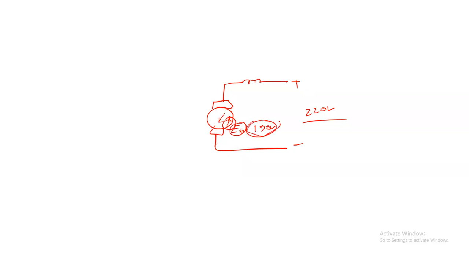So this is your supply voltage and this is your developed voltage. 220 minus 190 is 30 volts, and this is the voltage the motor needs. The motor needs just 30 volts, because the back EMF is the minus voltage, the back voltage.